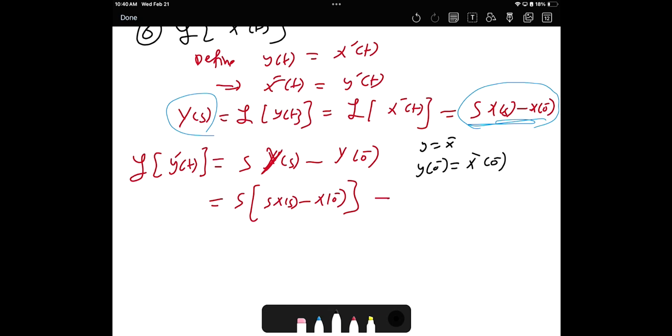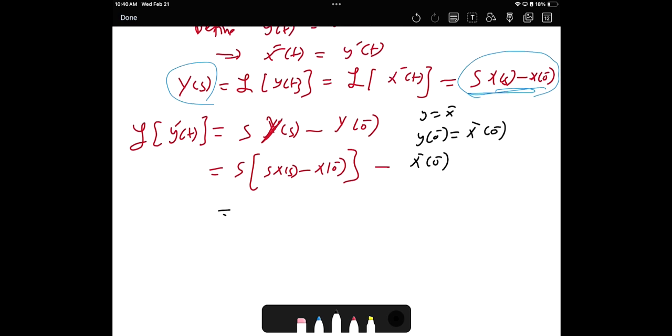Okay, so the prime is the derivative, then it will be minus x prime of 0 minus. Let's do the simplification. It will be s times s squared X of s minus s x of 0 negative minus x prime of 0.